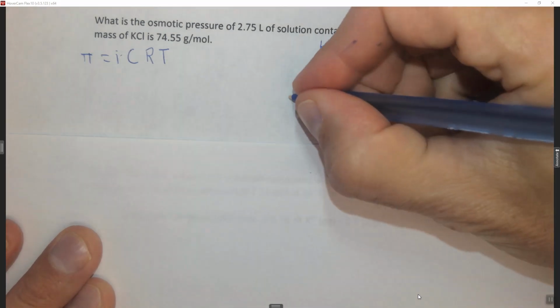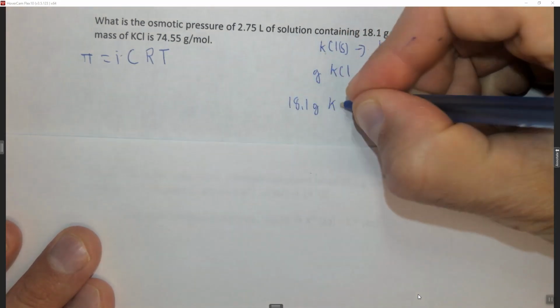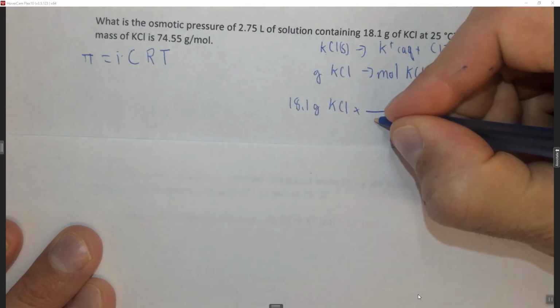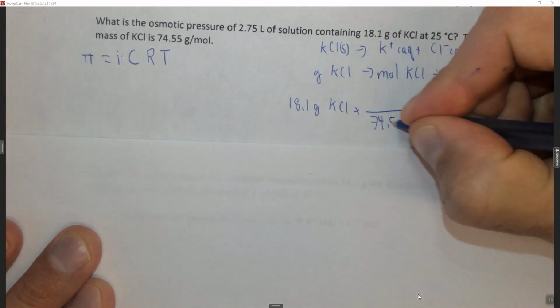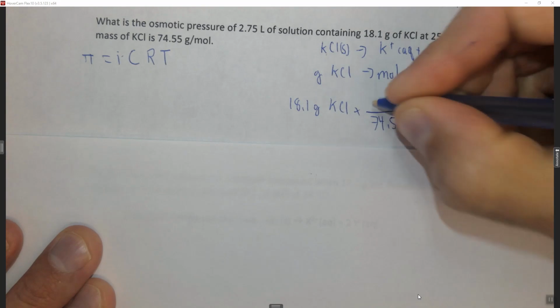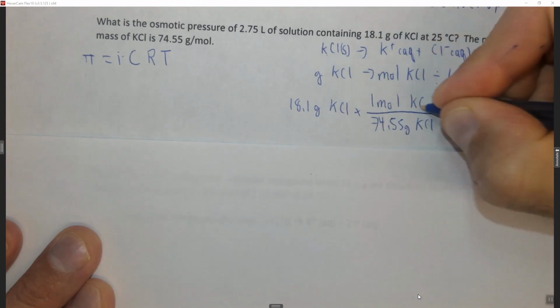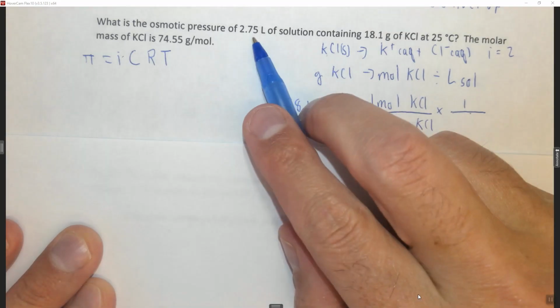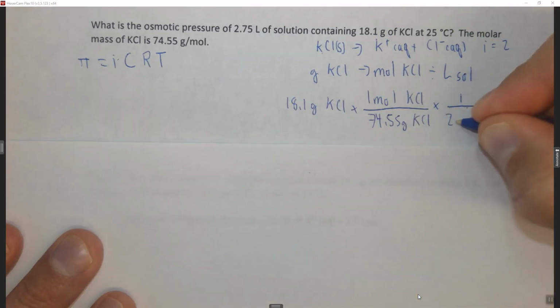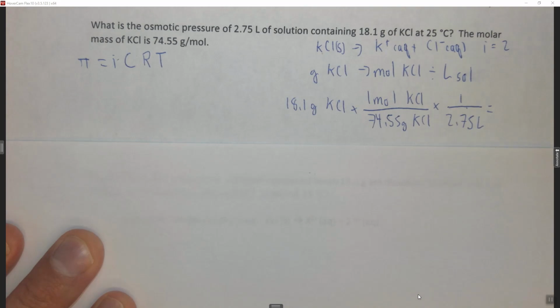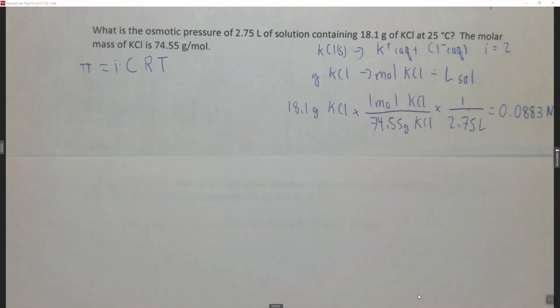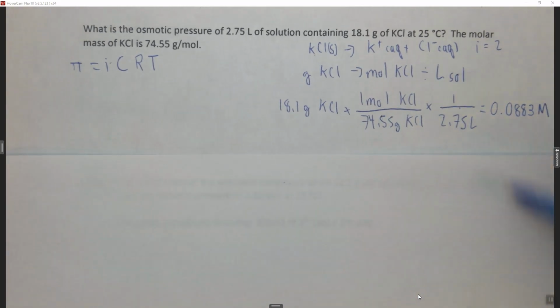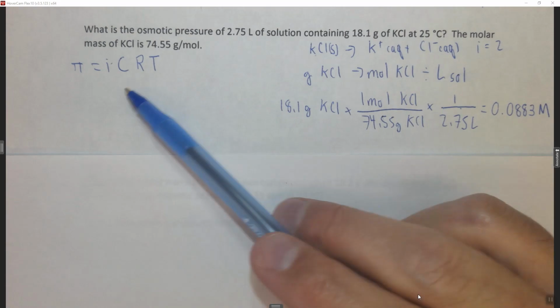So we start with 18.1 grams of KCl times, put the molar mass on the bottom, 74.55 grams of KCl on the bottom, and 1 mole of KCl on the top, and then divide by the volume of the solution, 2.75 liters, which is already given in liters. When you do that, you find that this is a 0.0883 molar KCl solution.